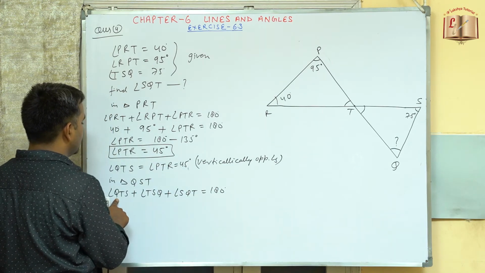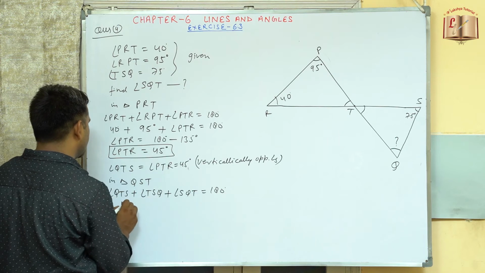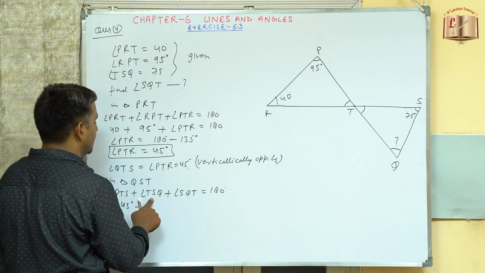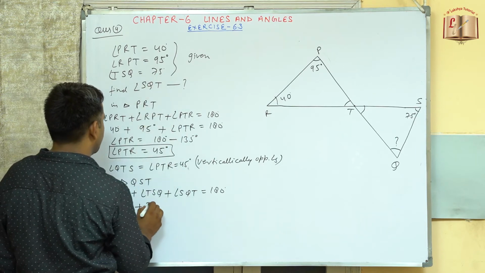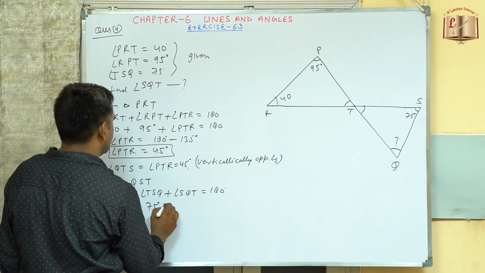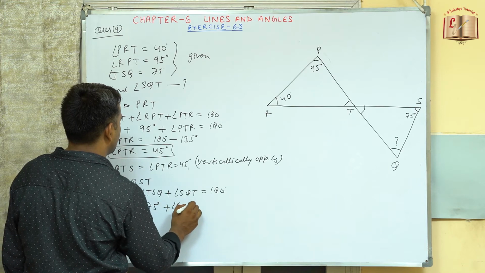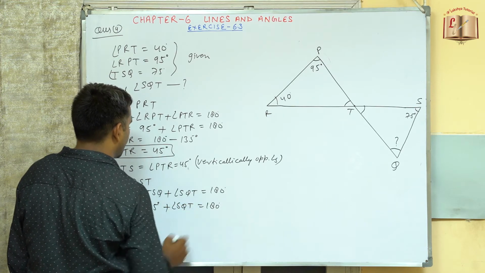Angle QTS is 45 degrees, plus angle TSQ, which is given as 75 degrees, plus angle SQT equals 180 degrees.